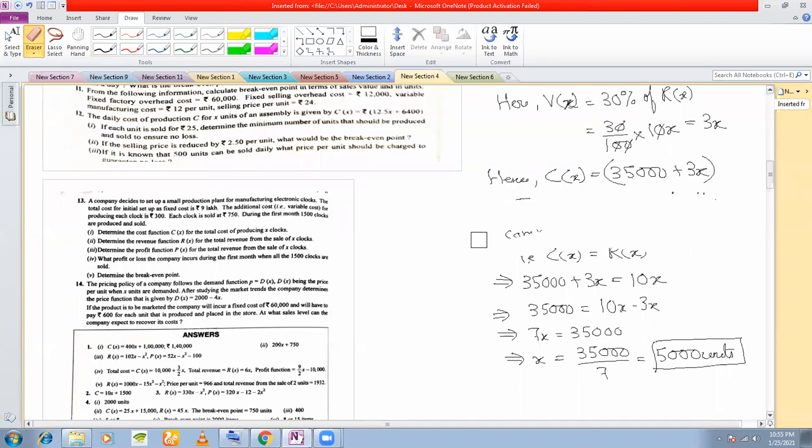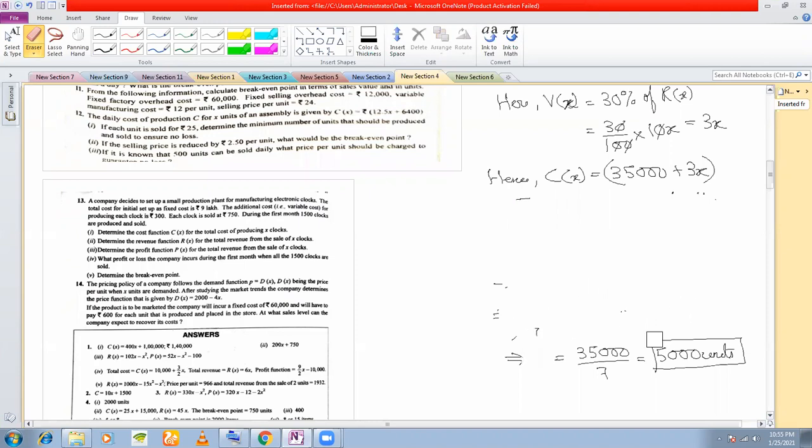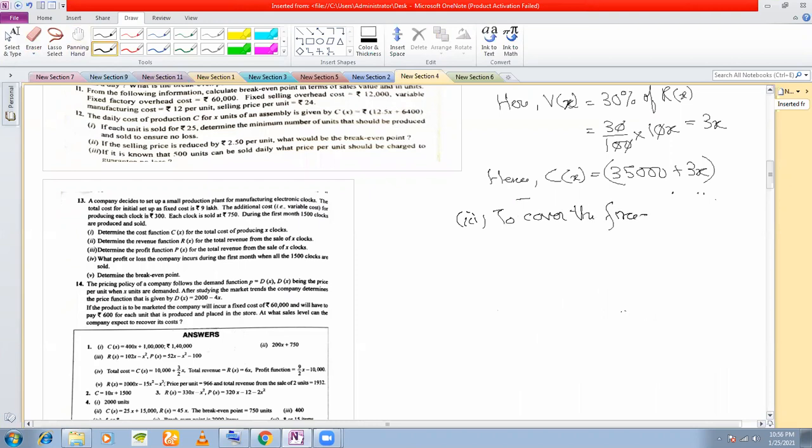To cover the fixed cost, Govinda, are you listening? To cover the fixed cost, your revenue must be equal to fixed cost, right?